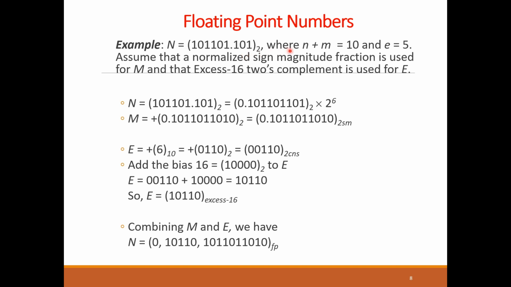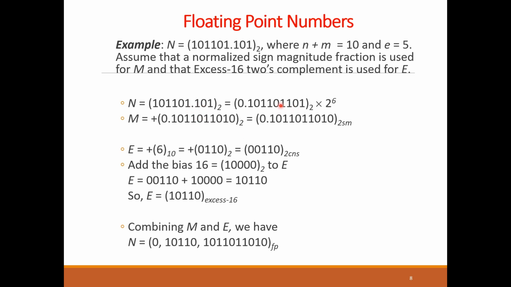And here it is saying that for mantissa you have N plus M, total 10 bits, and for exponent you have 5 bits. So 10 plus 5 plus 1 for sign, you have this 16 bits of data. So you tell me how to represent it as a floating point number.